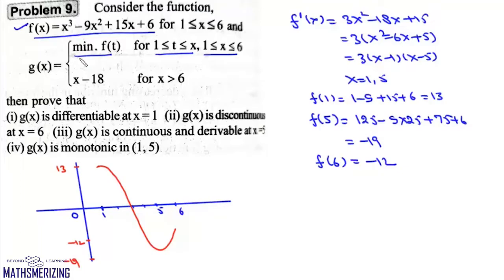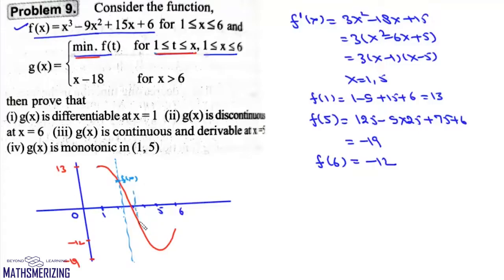Now we have defined this function g(x) as the minimum of f(t) when t lies between 1 and x. So if we choose any point x, then in the interval 1 to x, g(x) takes the minimum value of f(t). Now in 1 to x, the minimum value of this function is at this point itself. So in this case, the value of g(x) will be the same as f(x).